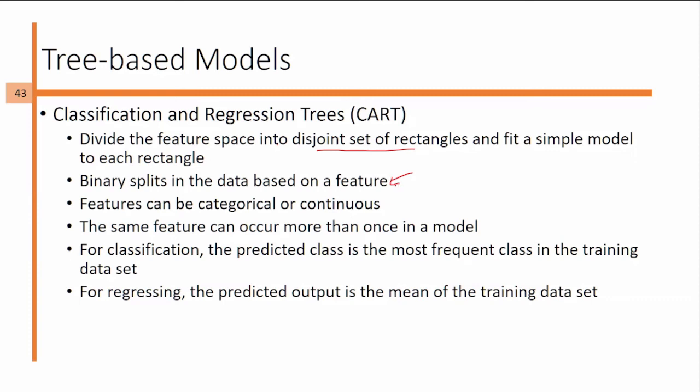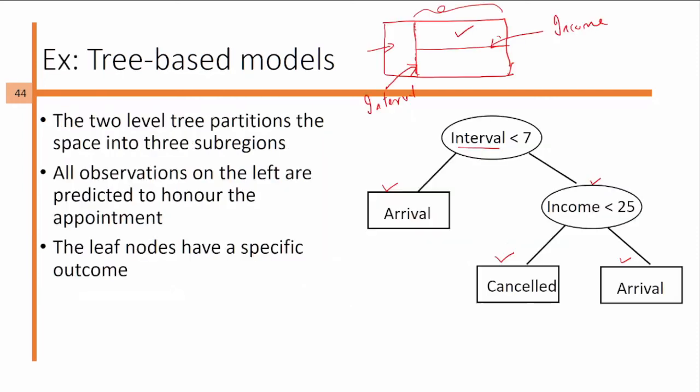The only difference here is that the same feature can occur more than once in the model. Then the leaf nodes have the specific outcome. Finally we reach the leaf node, and the leaf node will tell whether the customer will keep the appointment or not.